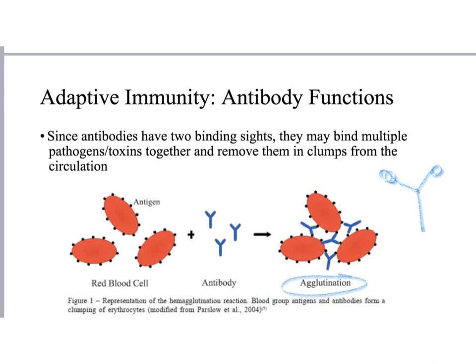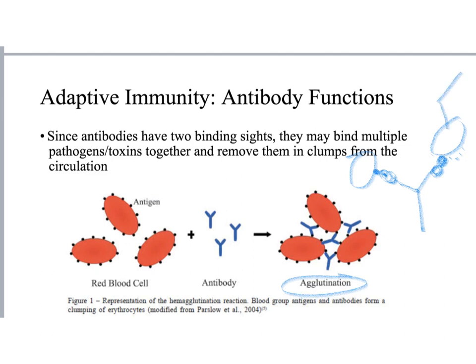One here and one here. So there can be a cell here, for example, that has some foreign antigens, and that edge of the antibody could bind to that cell, and there could be a cell here, and that antibody could then bind to that cell. Now you've got one antibody that's holding together two cells.